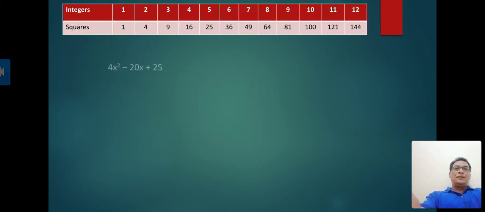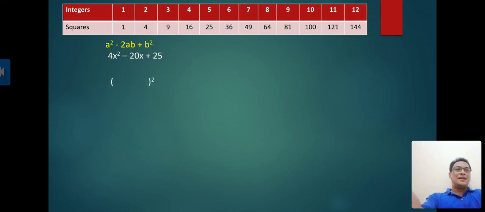Okay, next. Let us try 4x squared minus 20x plus 25. Again, a squared is equal to 4x squared, 2ab is equal to negative 20x, and b squared is equal to 25.